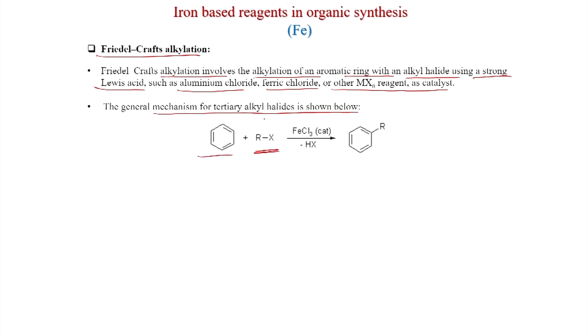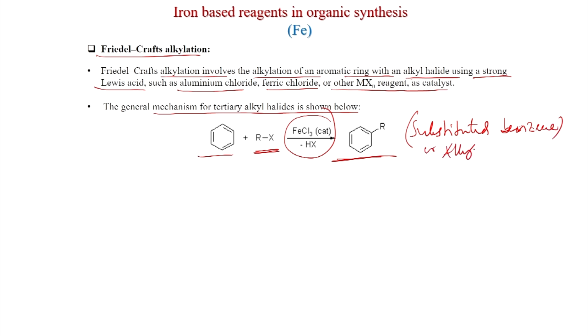So, this can be tertiary also, tertiary alkyl halide, because there the carbocation will form much easier. And now ferric chloride is the catalyst with minus HX, you get this. So, this benzene becomes substituted benzene. This is called alkylation of benzene.